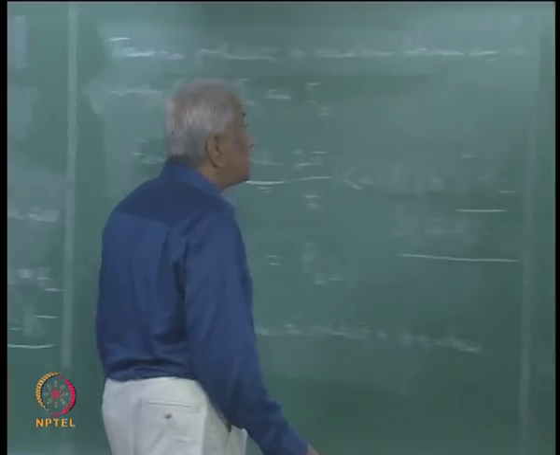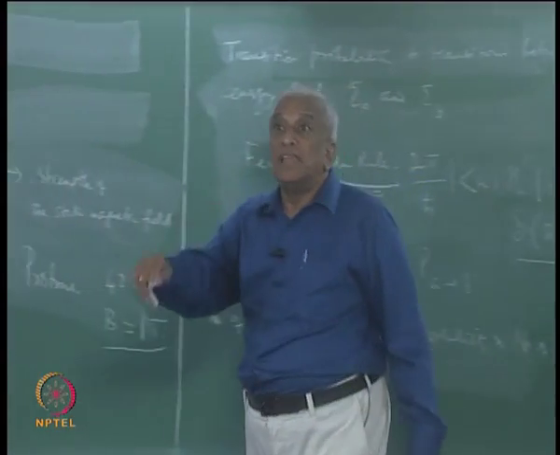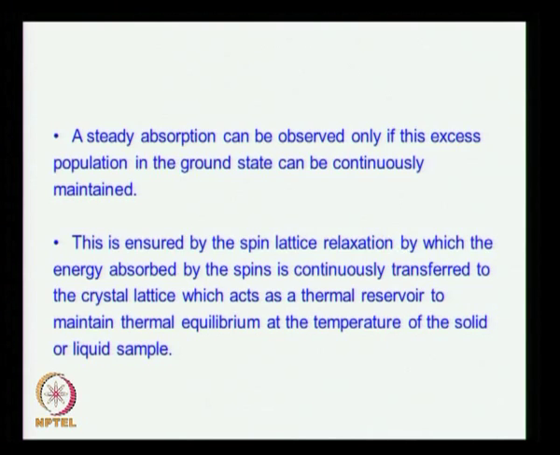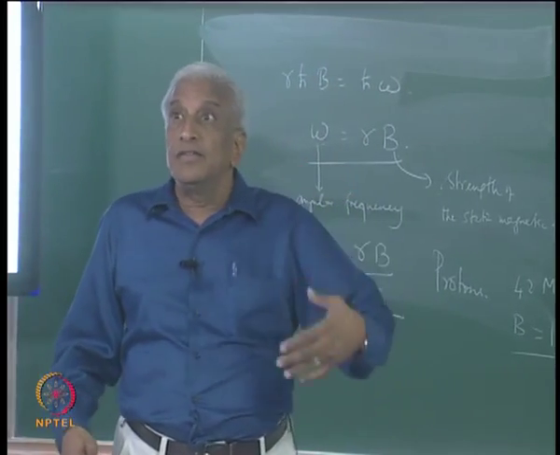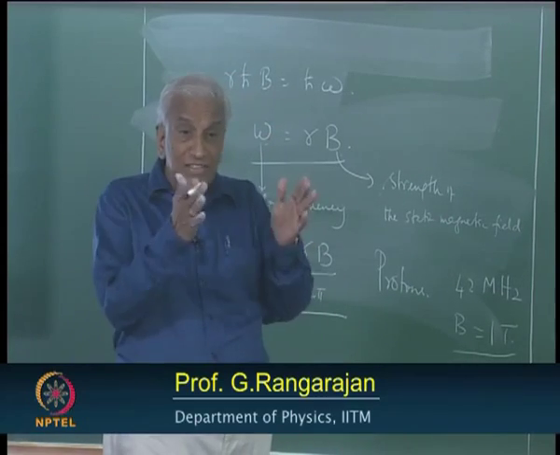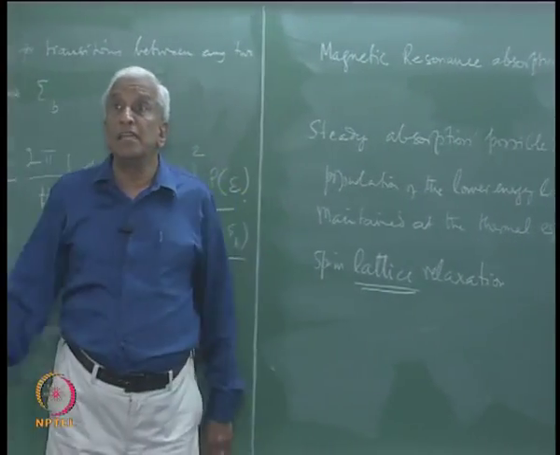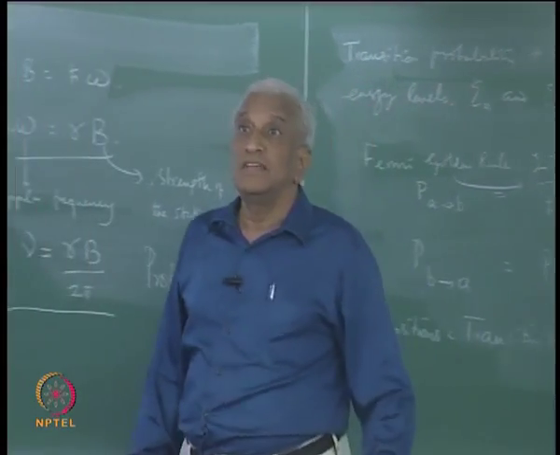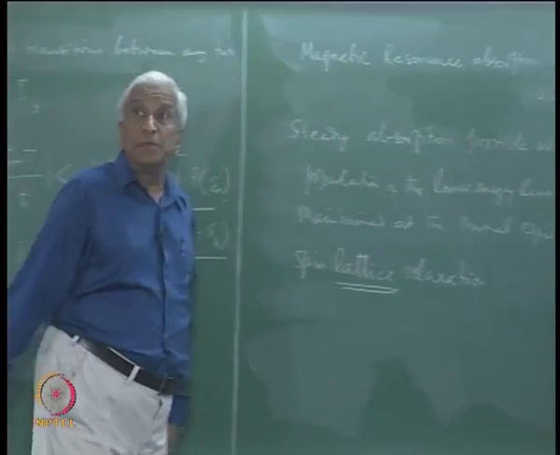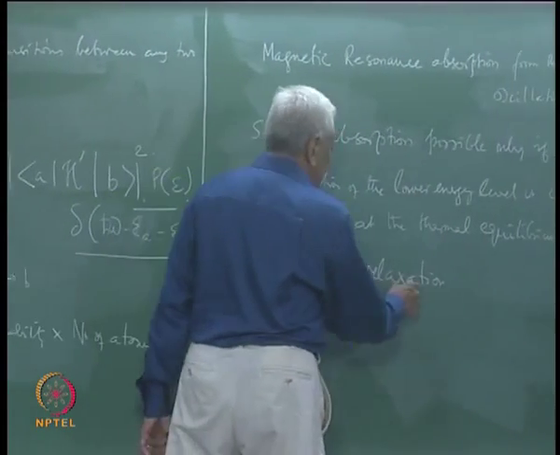So, there is a relaxation of the spins through the coupling between the spins and the lattice. It is as if a rod is being heated up, and the rod is also radiating away this heat to the external world. So, it is similar to that. The spin system is at a temperature T, and it is connected thermally to the outside lattice, and there is a time taken for this heat to be leaked away.